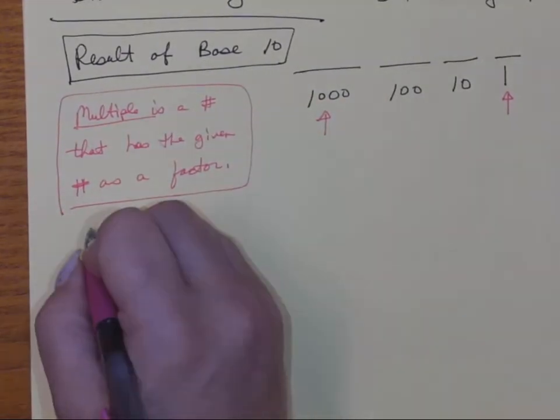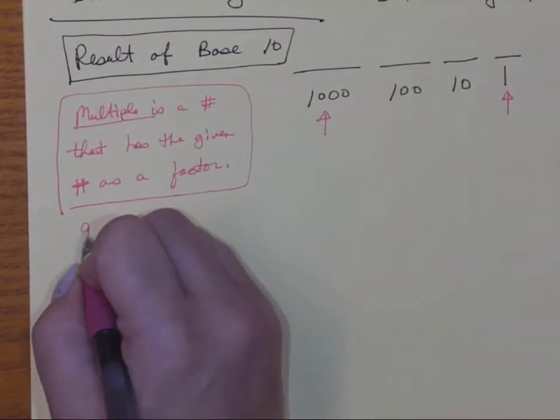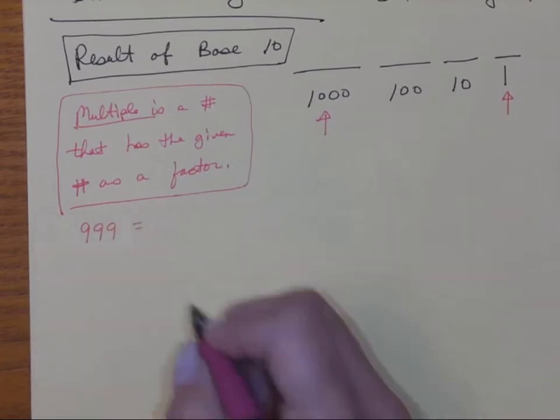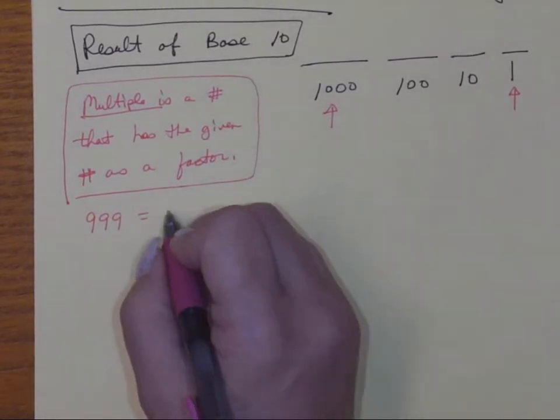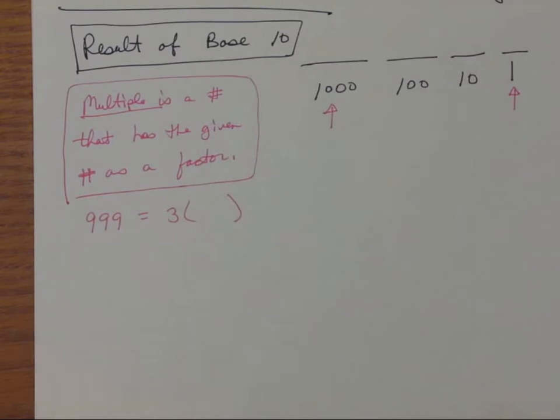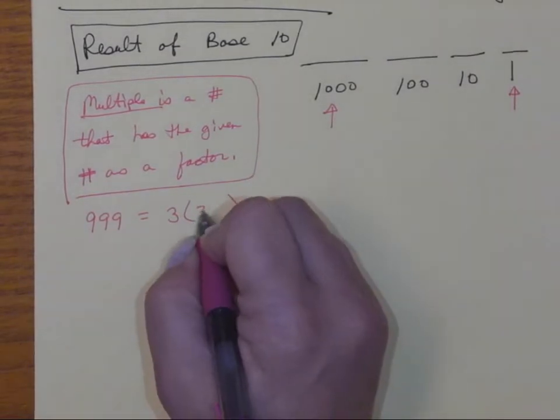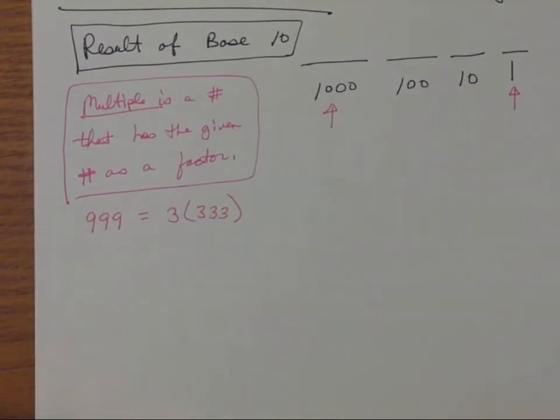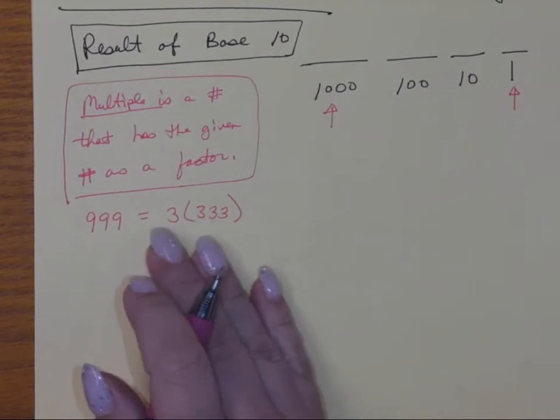So in this case, I'm talking about 999. 999 is a multiple of 3 because 3 goes evenly into it with no remainder. So 3 times what gives me 999? Okay, it's 333, right? So 999 is a multiple of 3.